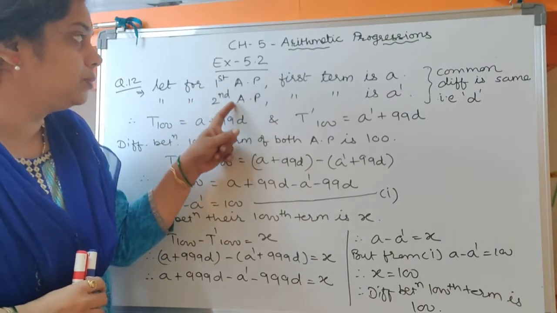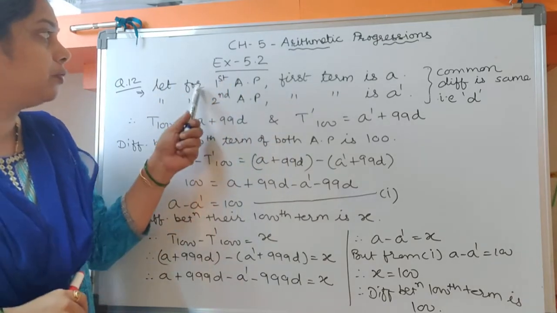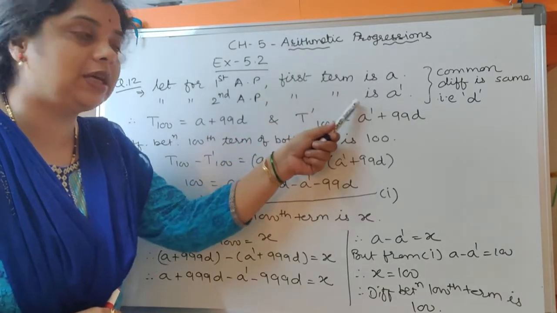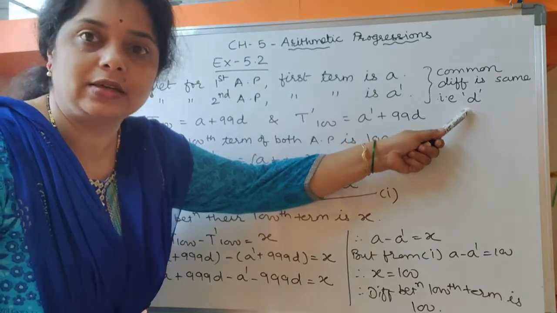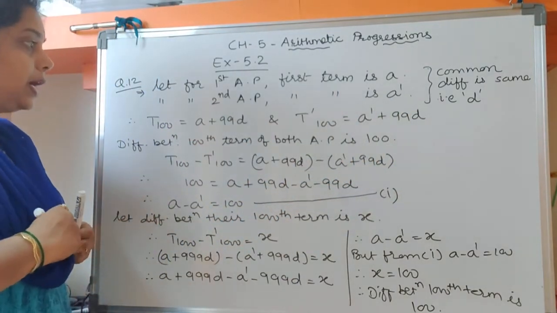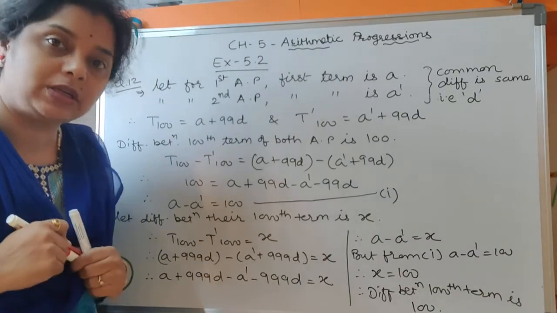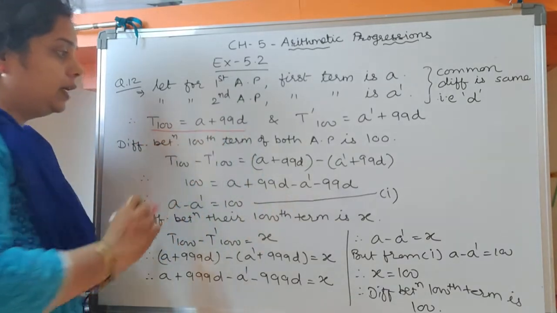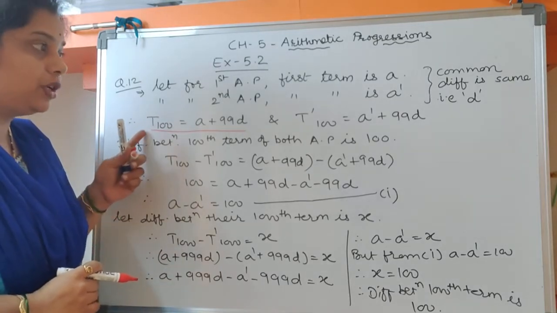So here two APs are given, and we assume that for first AP first term is A, and for second AP first term is A dash. As the common difference is same, we take small d as a common difference in both the cases. As it is given that the difference between the 100 term is 100, T100 is equal to A plus 99D, as we have already seen.